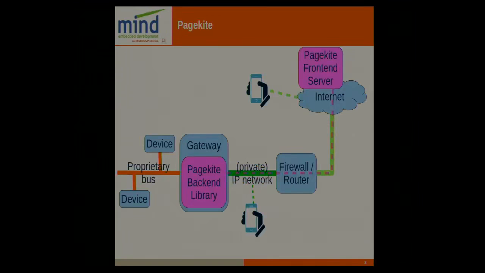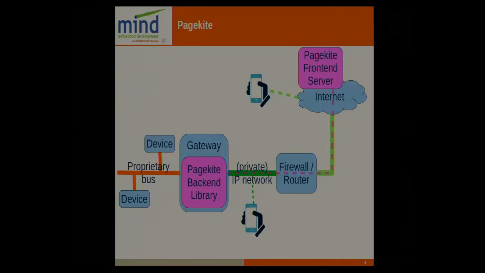So what does Pagekite do? It has a library that we created on your Mbed device running on the gateway. So in our specific use case at our client, the gateway was an Mbed device. So we needed to create a backend library for Pagekite for Mbed.